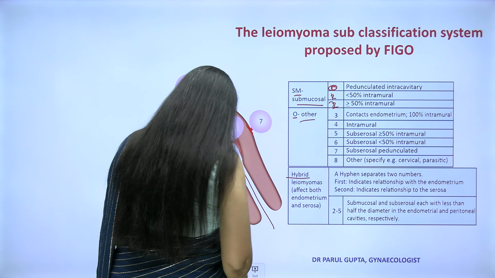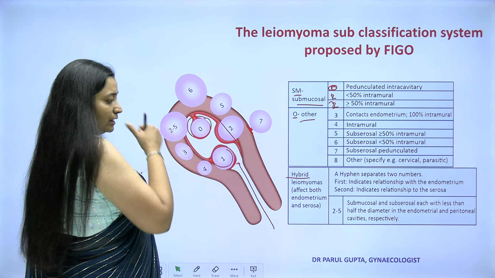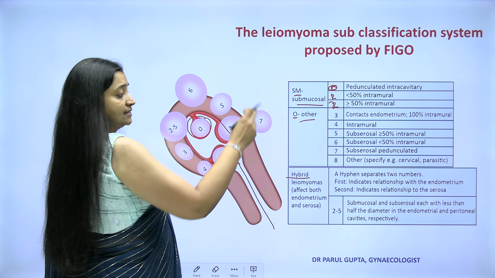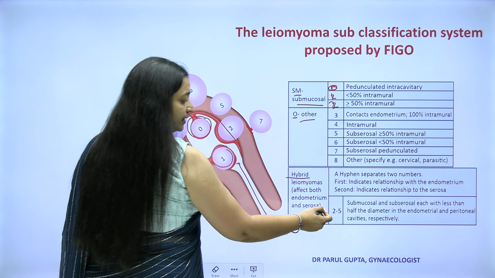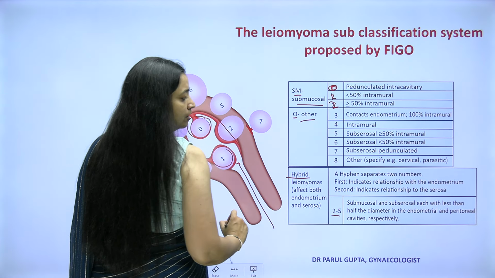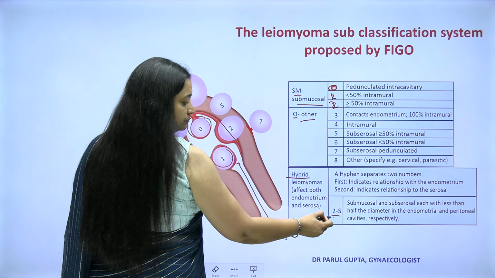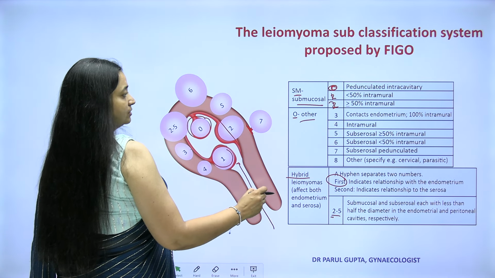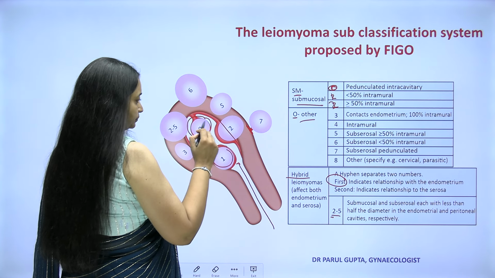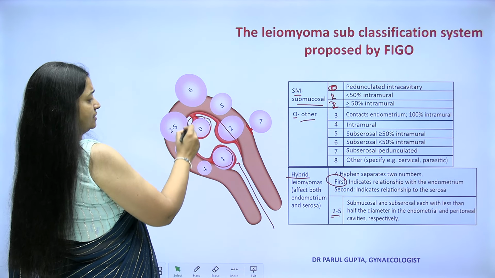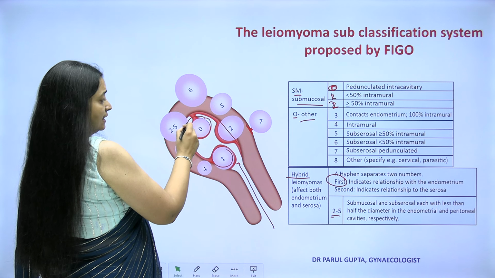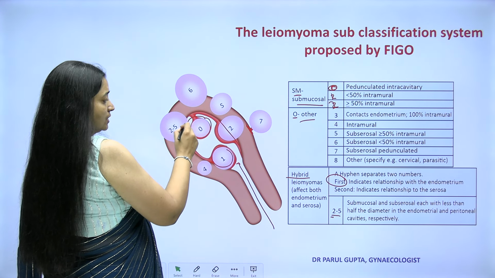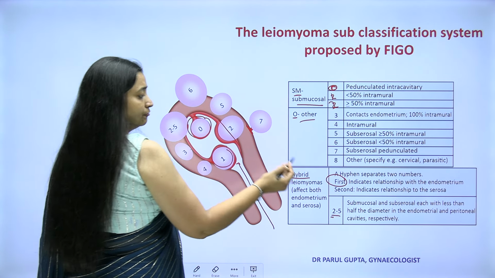Now what are hybrid? Hybrid are those huge fibroids which cannot be categorized in a single type. For example, here 2 to 5 is written. What does that mean? The first number indicates the relationship with the endometrium, so that means 2, lying near the submucous area.